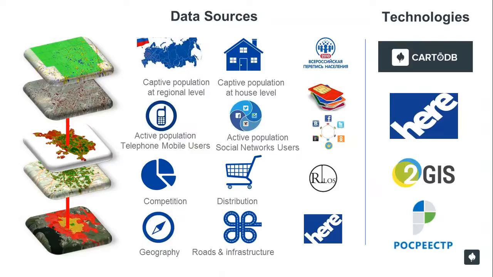So for that, starting from 2013, we started to screen technologies, data sources, and partners that could help us create a web service with clear KPIs. And these KPIs were the following.